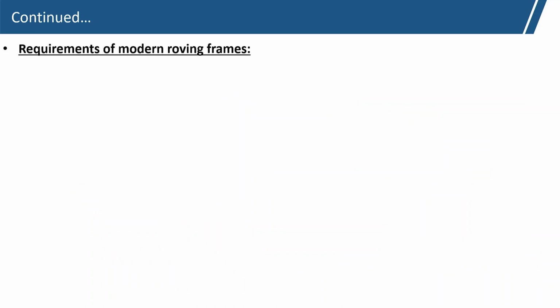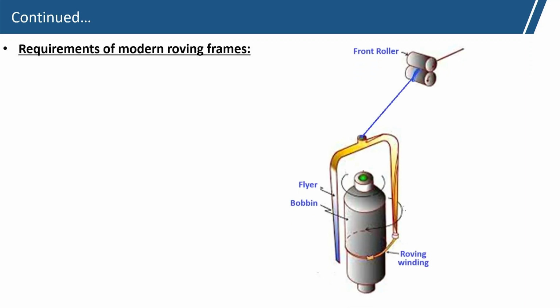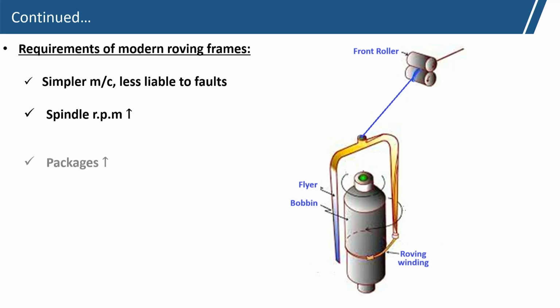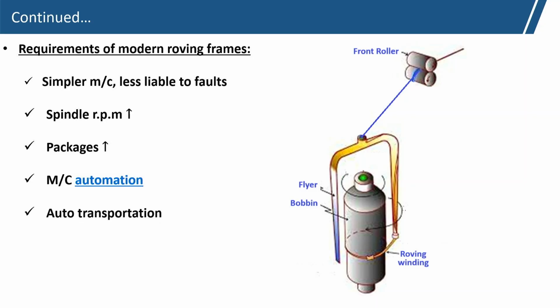So, the main requirements of a modern roving frame, this is the schematic diagram here: a simpler machine, less liable to fault, higher spindle speed, and larger package size. Machine automation must be there, automatic transportation should be there.